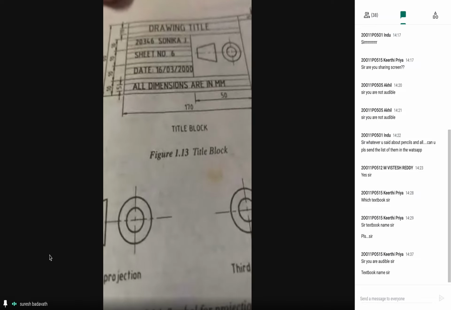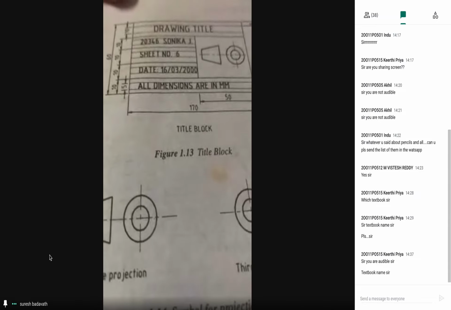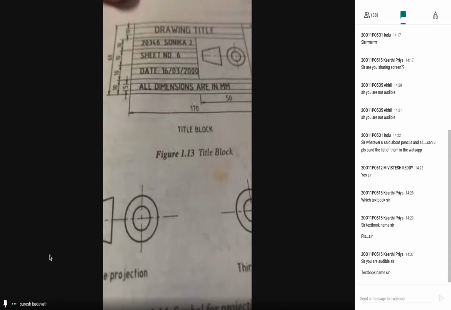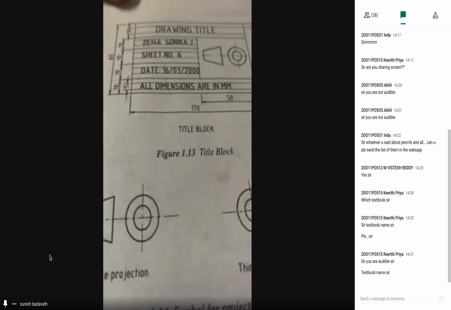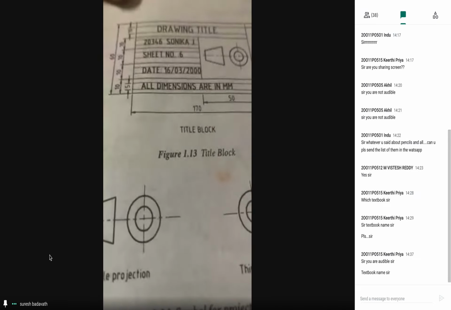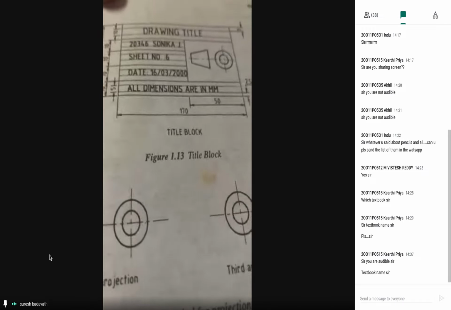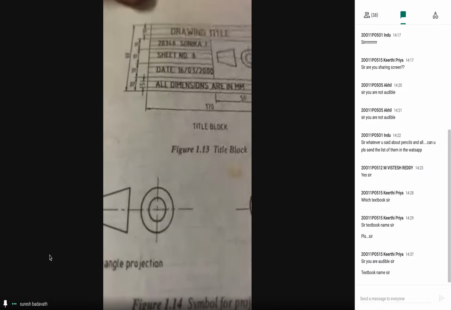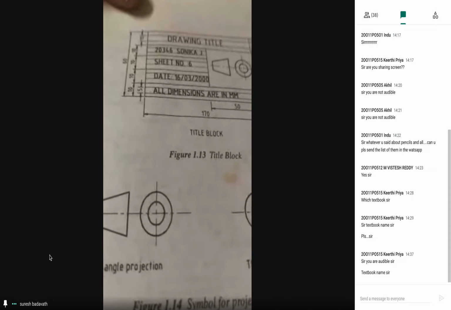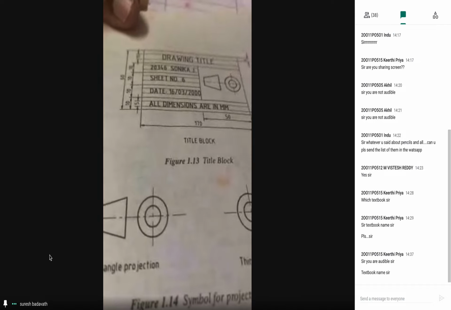The drawing title name can be, for example, the position of the lettering. First one, title: lettering, lines, points, etc. Okay, see, the title box can be used there.